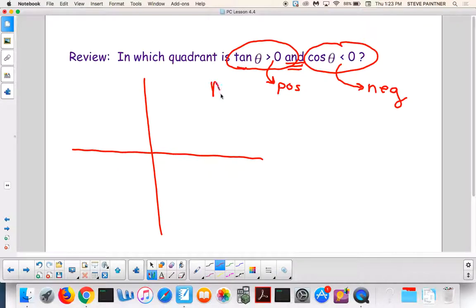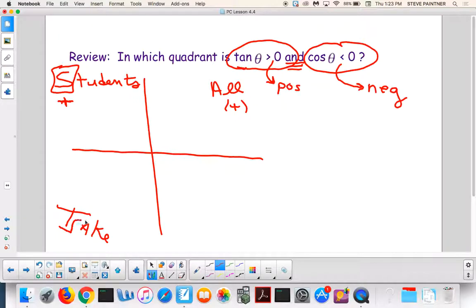All trig functions are positive here. What's positive in this quadrant? Sine. All students, right? Sine is positive here. All of them are positive there. All students what? Take. Which means, what's positive here? Tangent's positive here. Calculus, right?